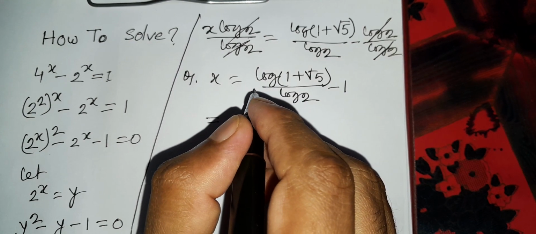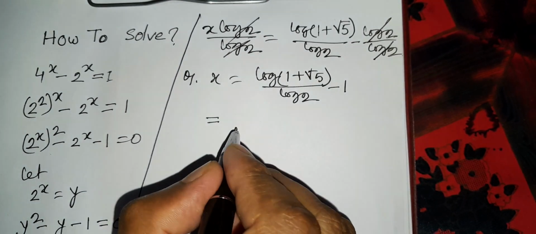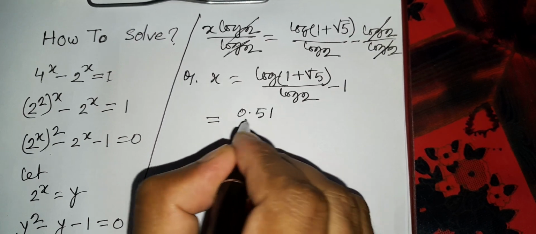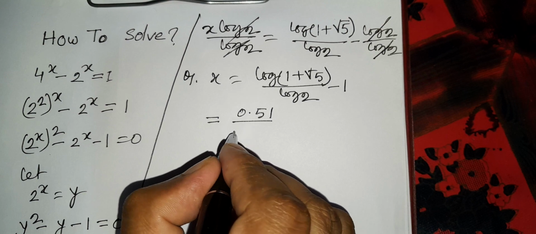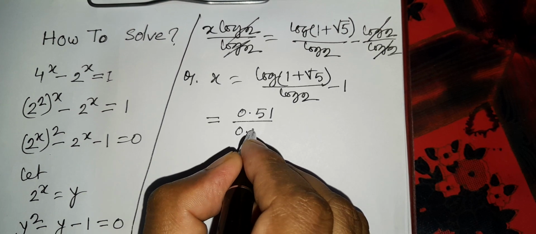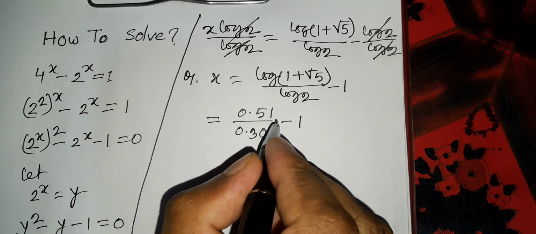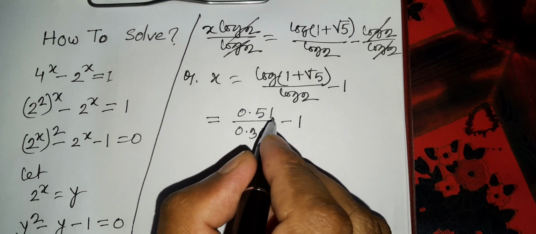We know log (1 plus root 5) equal to 0.51 by log 2 equal to 0.301, minus 1.